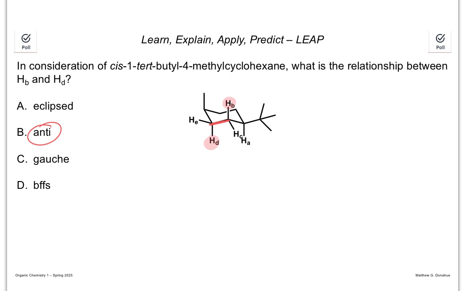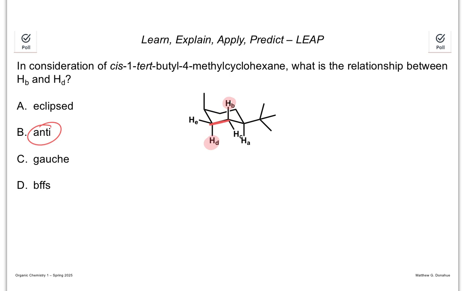So I'll make the blue group, I have it. So that's up, down. So the blue group's going to be the tert-butyl group. And then the red group's going to be the methyl group. So red is methyl, blue is tert-butyl.